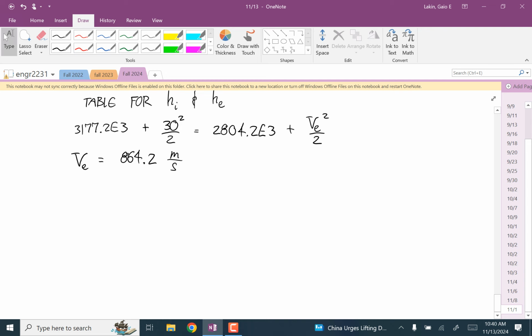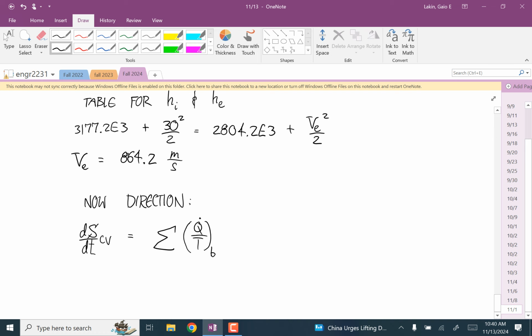So now we're going to do the second law. And the second law says dS/dt for the control volume is equal to the sum of all the Q dots over temperatures around the boundary plus m dot times specific entropy at the inlet minus m dot times specific entropy at the exit plus sigma dot.